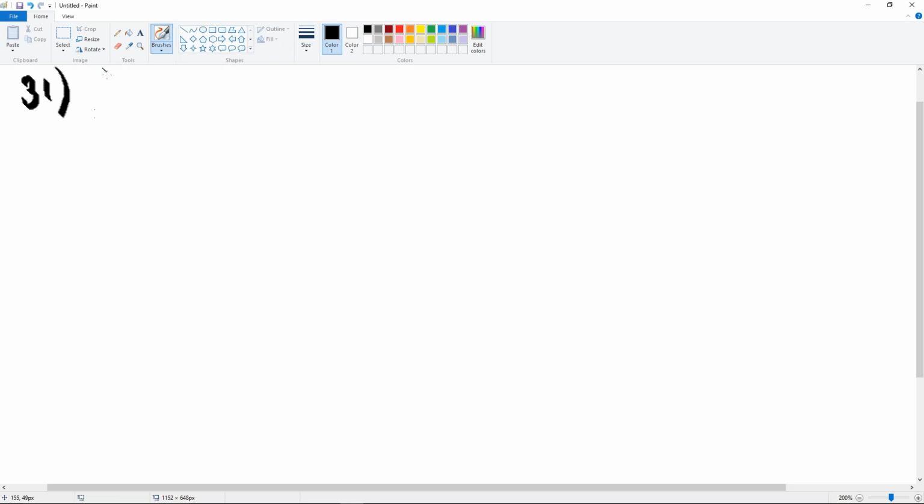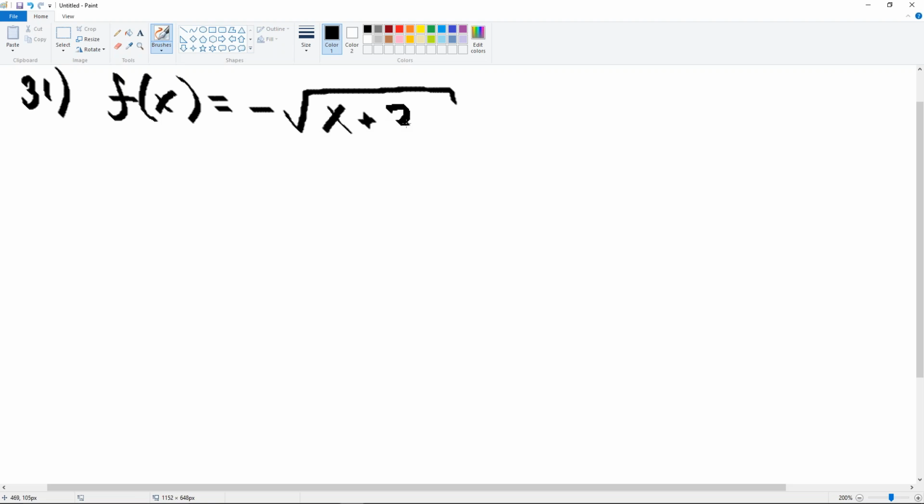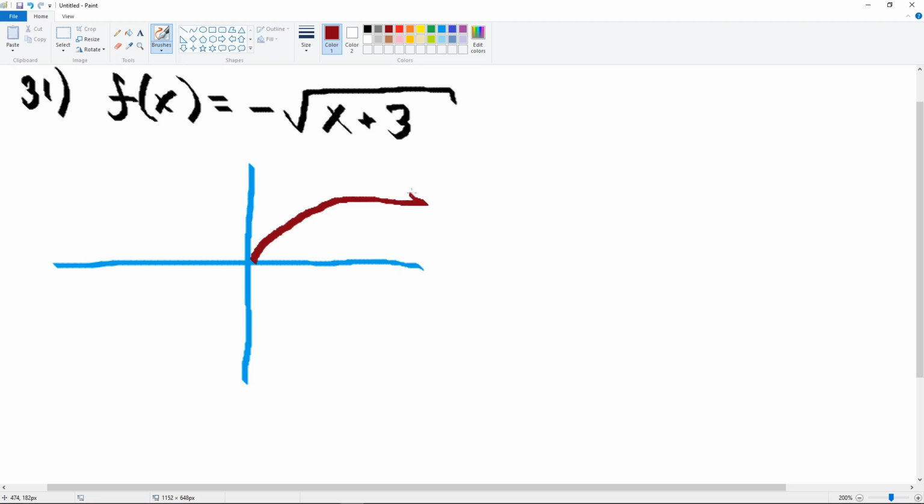Okay, so we have f of x is equal to negative square root of x plus 3. So this really works if you graph it. We know that a radical function looks like that, correct? Yes. This plus 3 means it's in there with the x, so you're going to move it to the opposite, left or right.